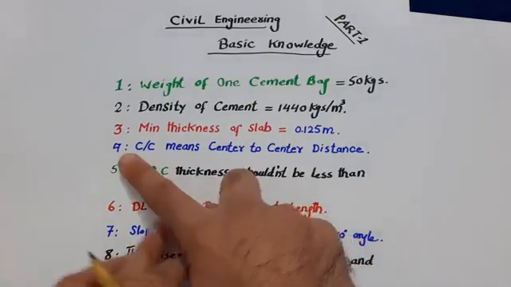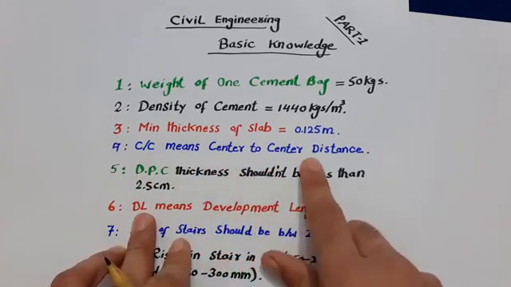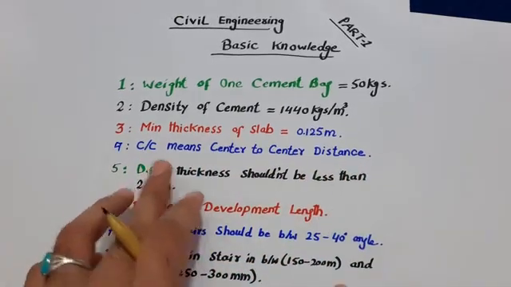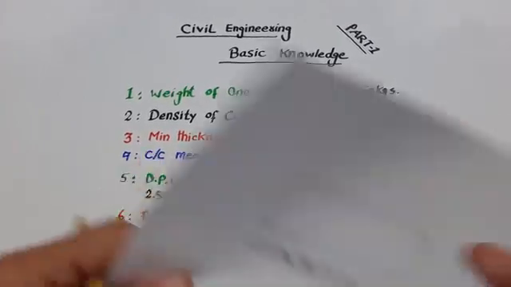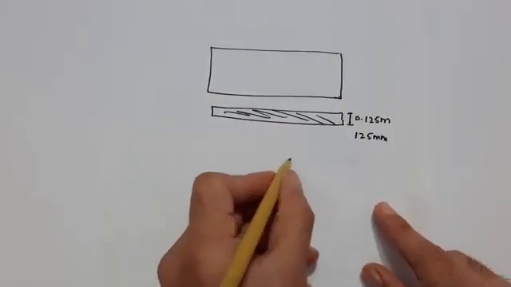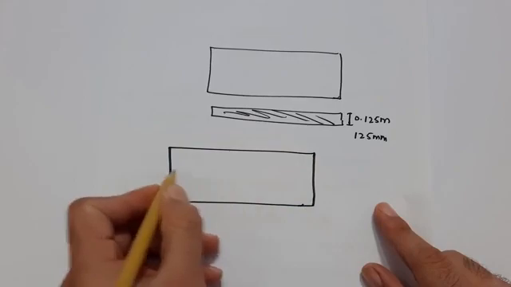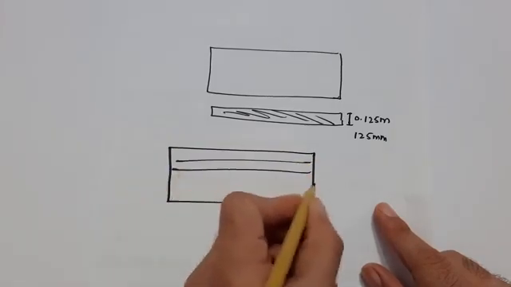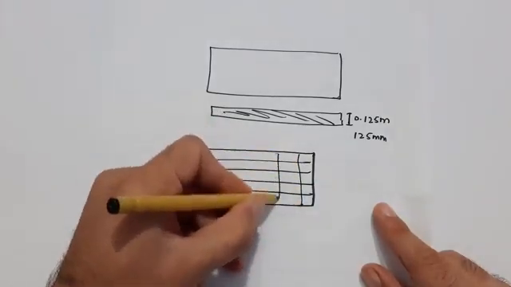Next, guys, you can see the fourth one is C/C, means center to center distance. We especially use C/C in design for the slab or for any RCC members. Like, you can see this is slab, so we are providing main bars and distribution bars. These are distribution bars and these are main bars.